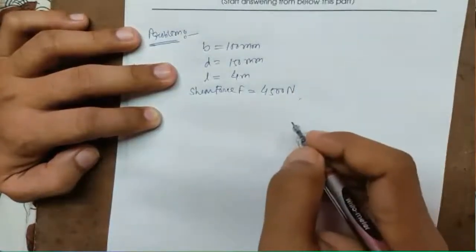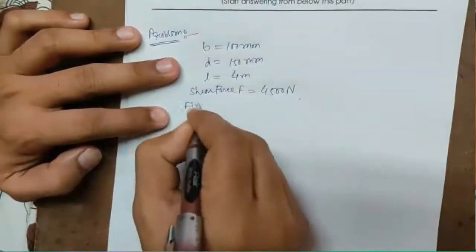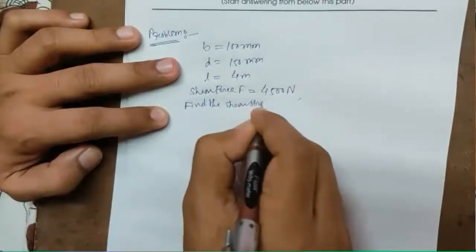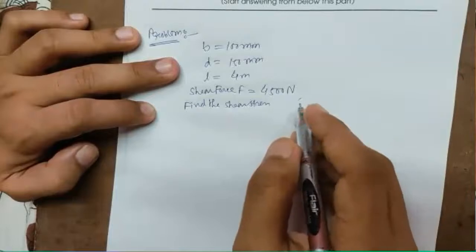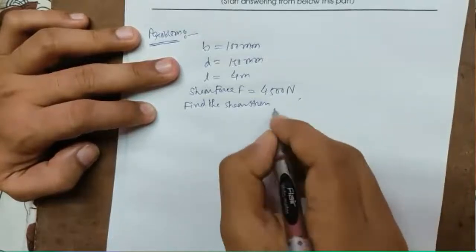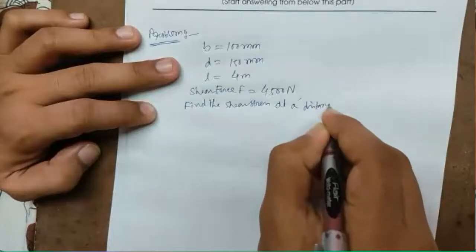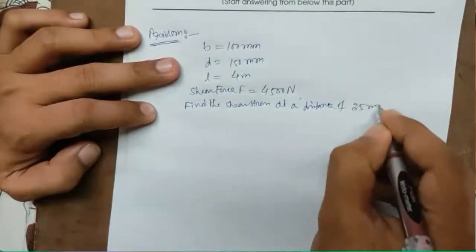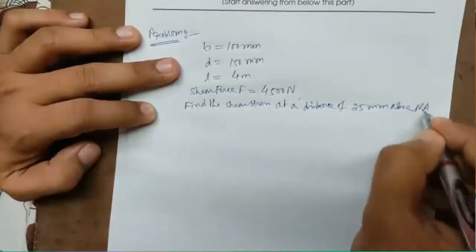It is asked to find the shear stress at a distance of 25 mm above the neutral axis.